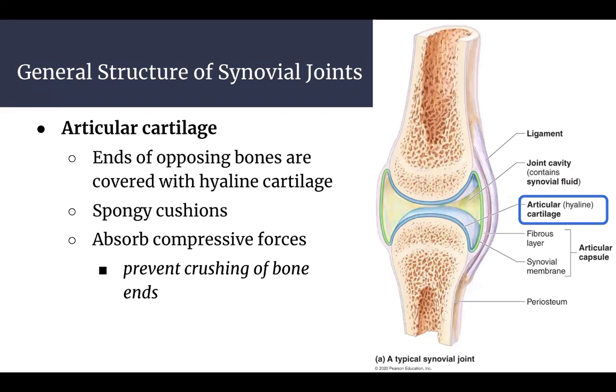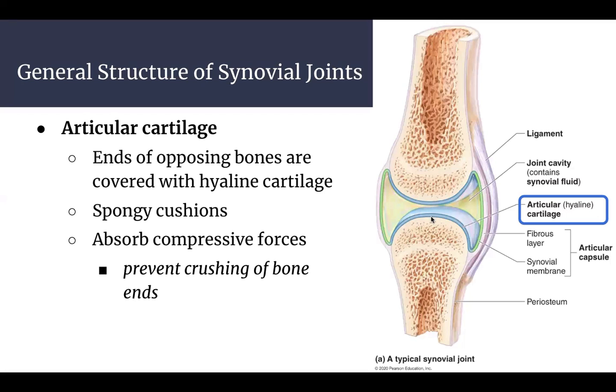So let's look at the general structure of synovial joints, because there's a whole series of characteristics that are common to all synovial joints. First, we can see the presence of articular cartilage. This is cartilage that is covering the articular surfaces, the surfaces of the bone that are coming together to form the synovial joint. And this cartilage is hyaline cartilage.